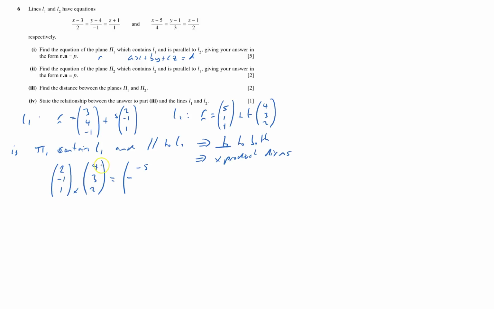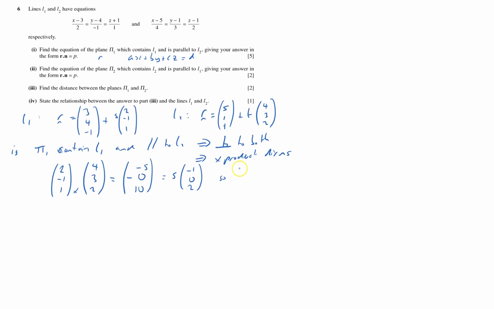So 4 take away 4 is 0. So minus 0 or plus 0, forget the sign now. And finally, the bottom one is the determinant of not the bottom. So it's 6 minus 4, so that's plus 4, so that's 10. And that is the same as 5 lots of (-1, 0, 2).